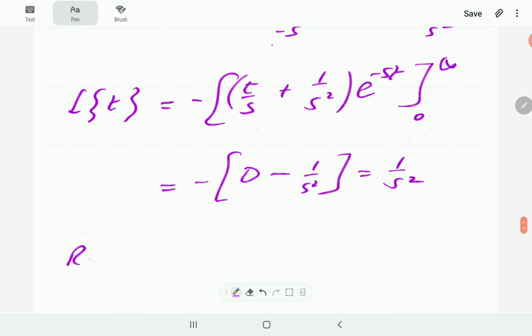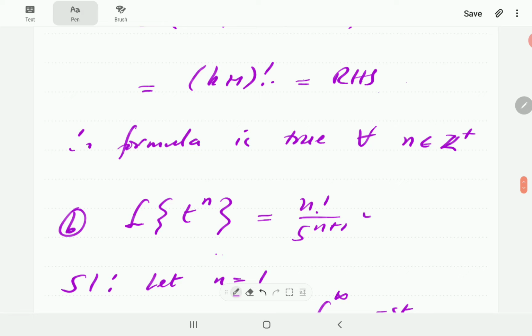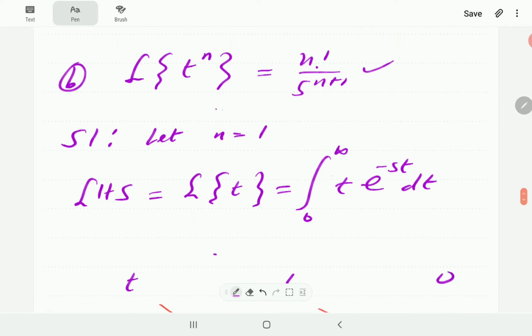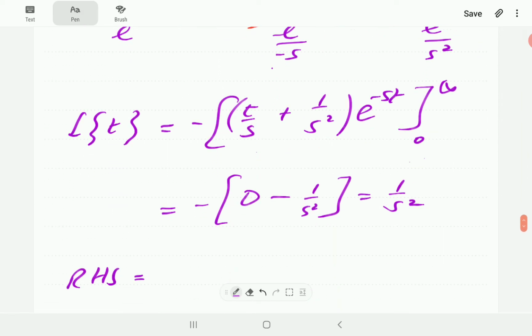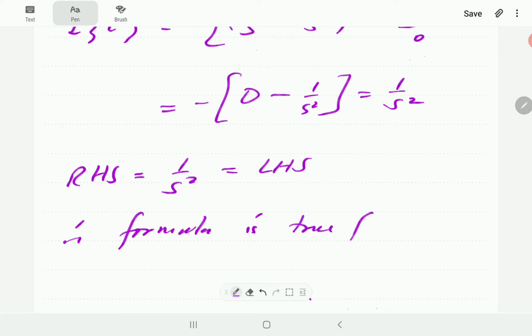Then if we plug in on the right hand side, remember on the right hand side we've got n factorial over s to the power n plus 1. If we plug in n is 1, that gives us 1 over s squared. This is the same as the left hand side, so that means the formula is true for n equals 1.